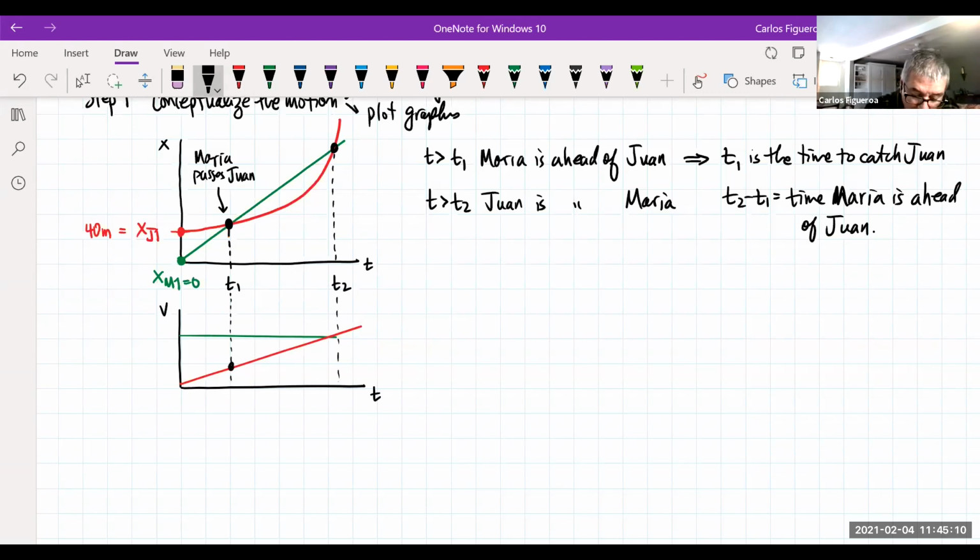That's why Maria passed Juan. Look at point T2. The slope of Juan is higher than the slope of Maria. That's why Juan is passing her. So now if we agree that this has to be V of Maria, which is 9 meters per second, and then this is going to be the speed of Juan, which varies because he is accelerating.